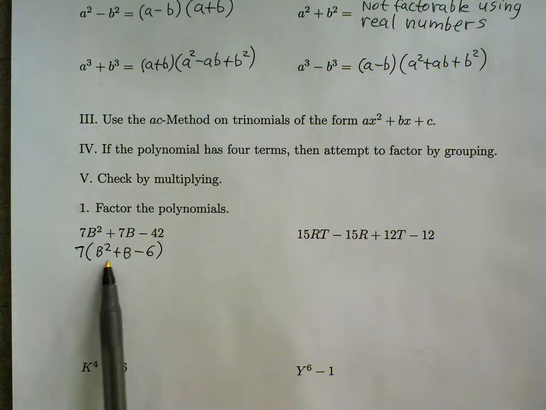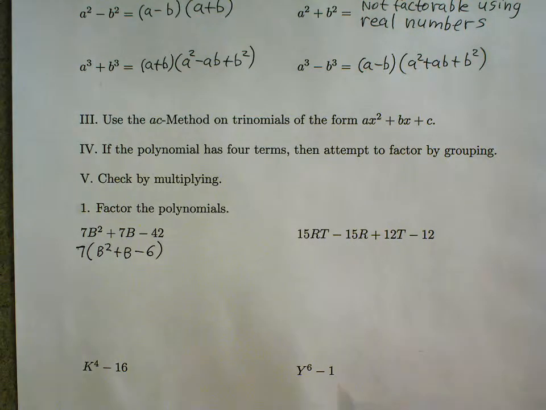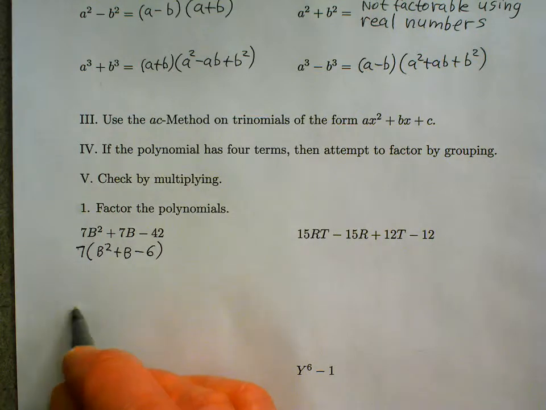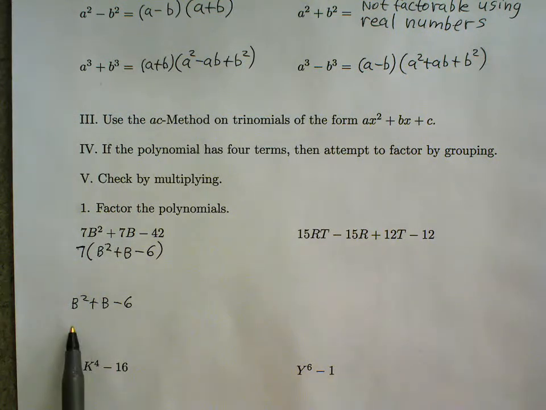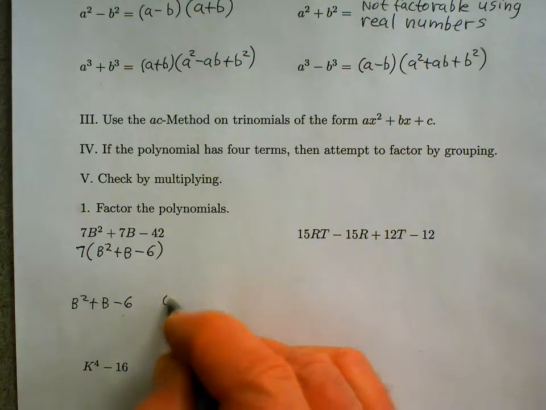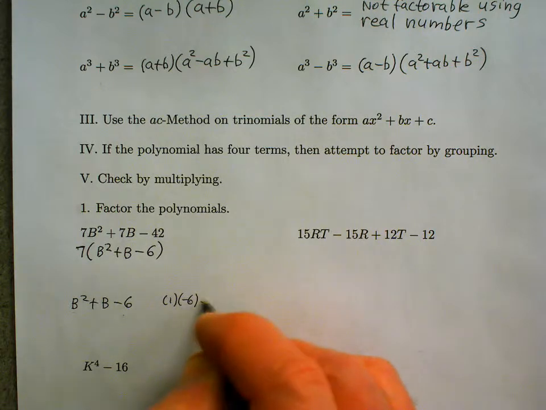And then we check to see if we can factor b squared plus b minus 6. So let's set that aside. We want to see if we can factor this. Let's use the AC method. So 1 times negative 6 is negative 6.